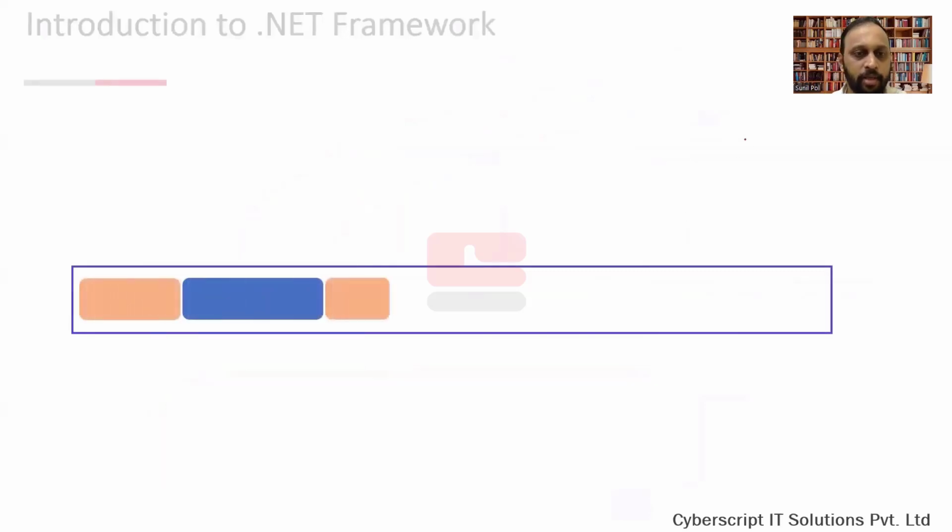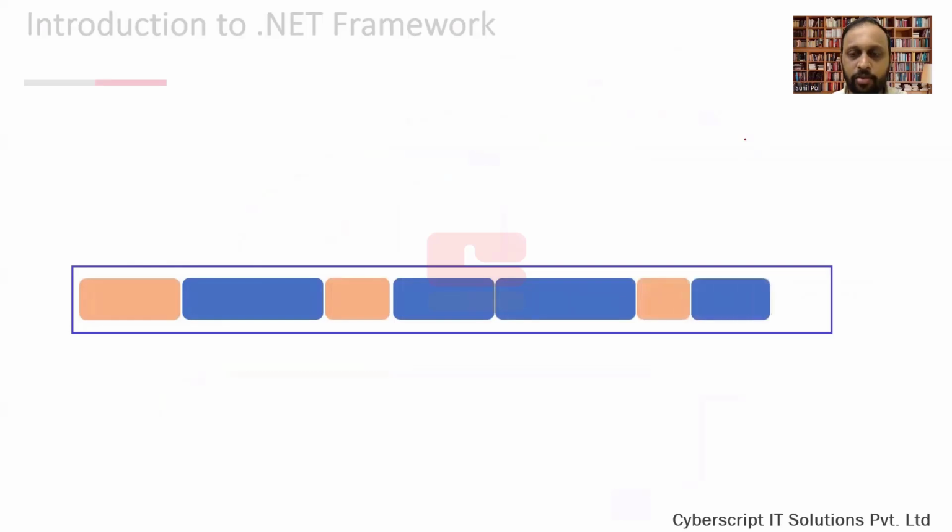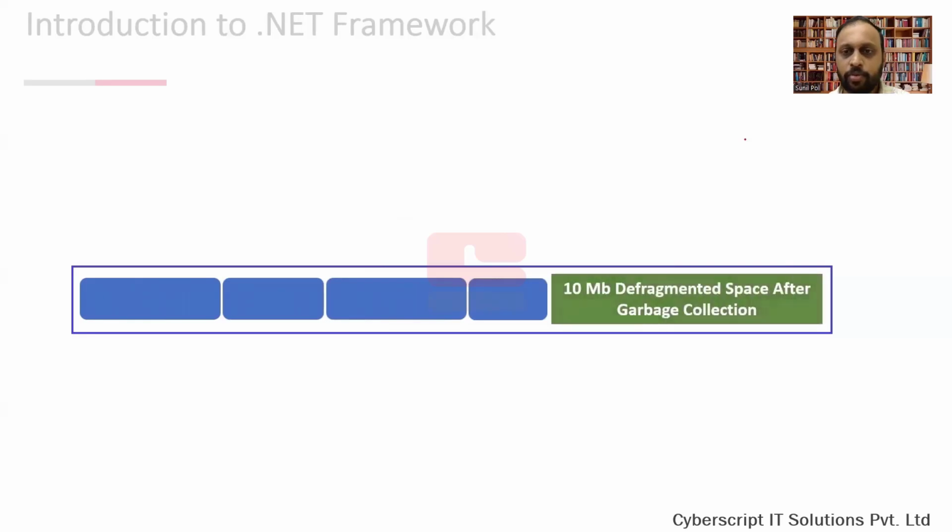So now garbage collector will delete these pink objects and shift down all the live objects to the older memory location. So now 10 MB of defragmented space would be created by the garbage collector.